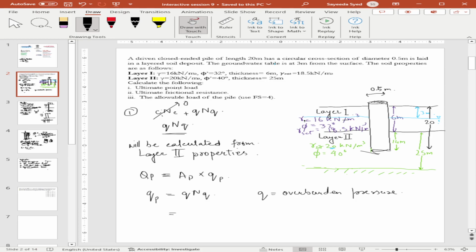So this will be our overburden. Not saturated, actually submerged, because we're taking effective. We have to take the effective values in our calculations.